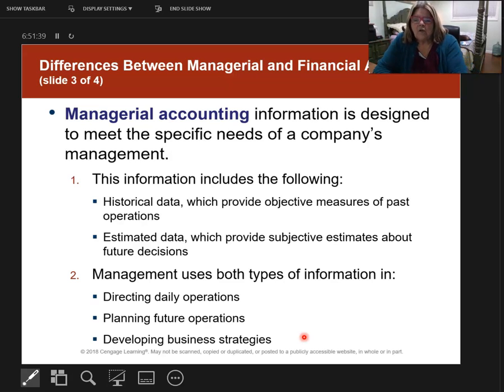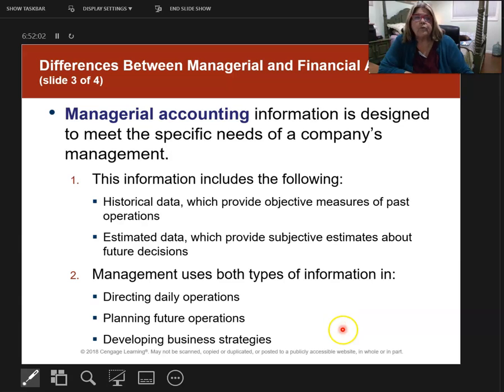Think of financial accounting as mostly for service industries and companies that sell things. From a managerial accounting perspective, think of it as manufacturing, because we're going to be looking at the cost of things. Here are differences between the two, and I'm not going to go over them.